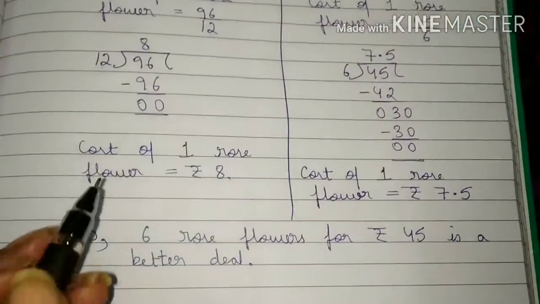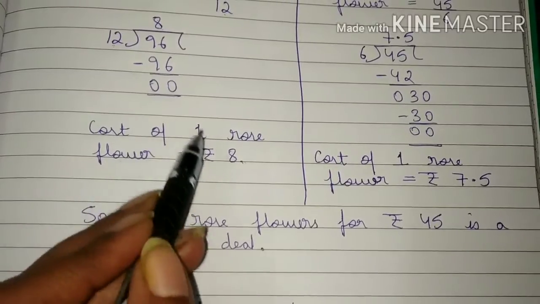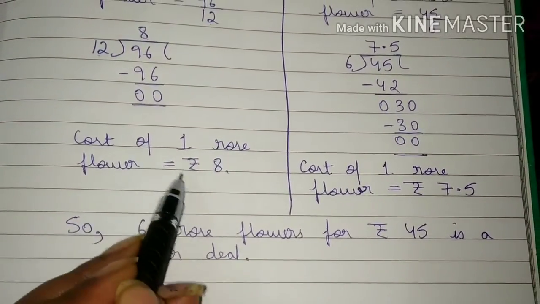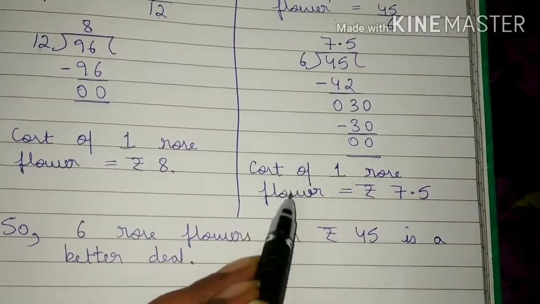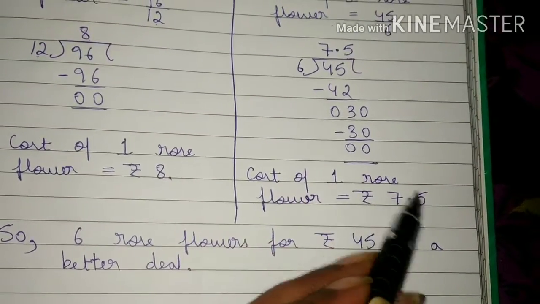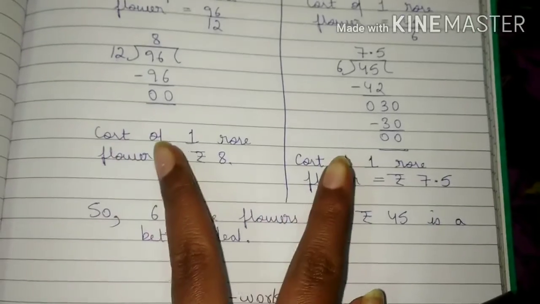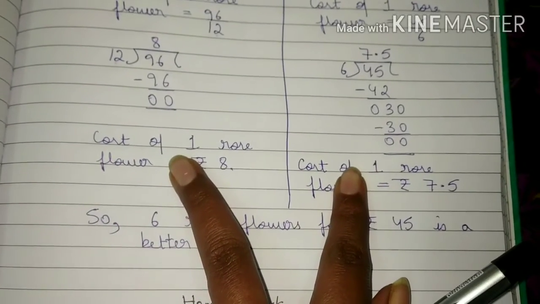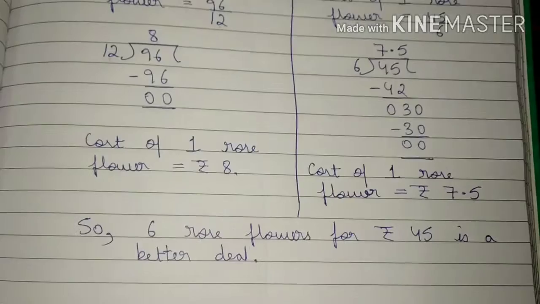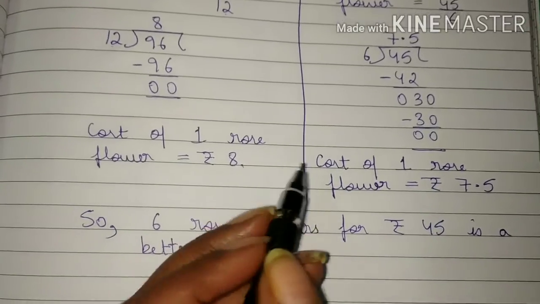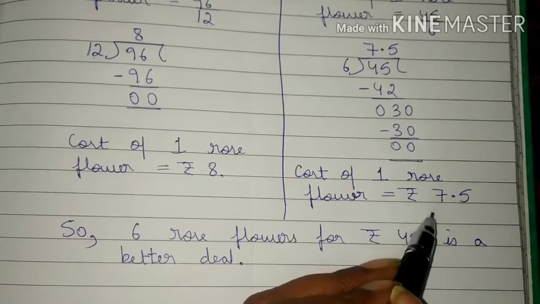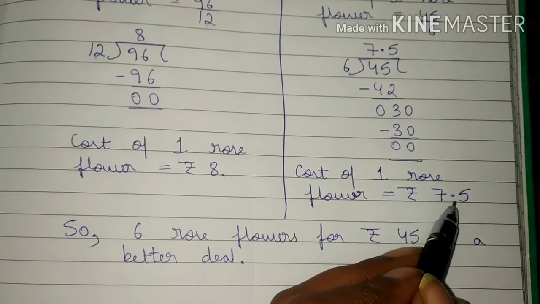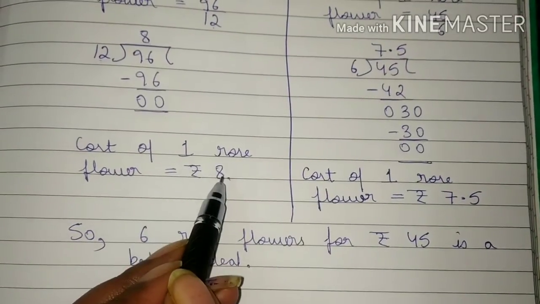Now students, here cost of one rose flower is rupees 8. Here cost of one rose flower is rupees 7.5. When you compare these two deals, you will see that here cost of one rose flower is rupees 7.5, which is less than rupees 8.